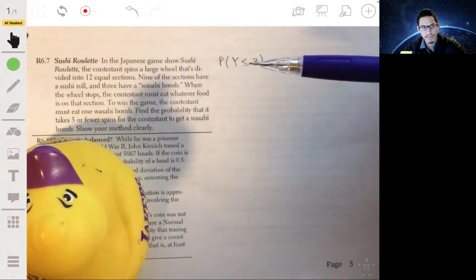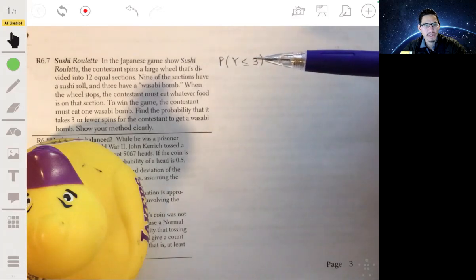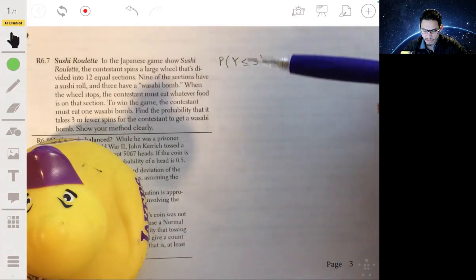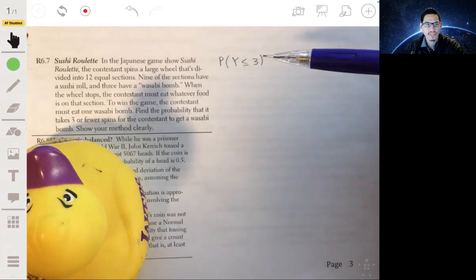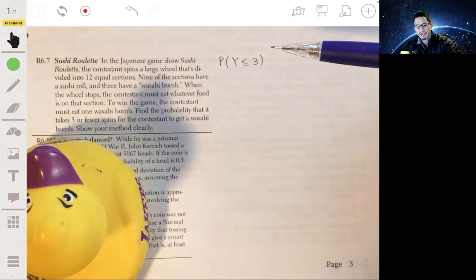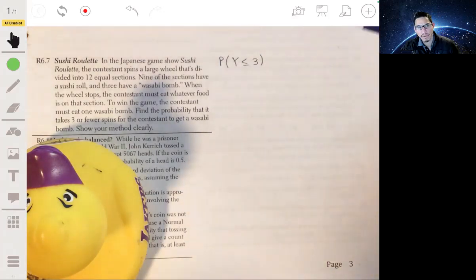But now we want to be a little more specific. What's the probability that it'll take you 3 turns or less to get on a wasabi bomb? That's why I'm using y, because y is usually the common notation for geometric random variables, and x is for binomial random variables.